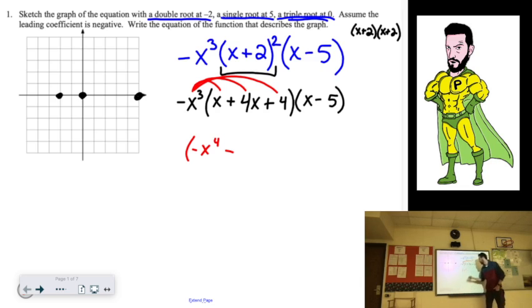Sorry about that. So that'll change this. Negative x to the 5th minus 4x to the 4th. And then negative x cubed times 4 would be negative 4x cubed.